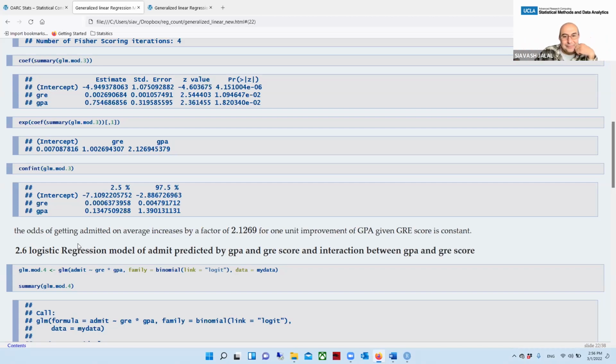Make sense? So this is for keeping the other variable constant when you don't have interaction.